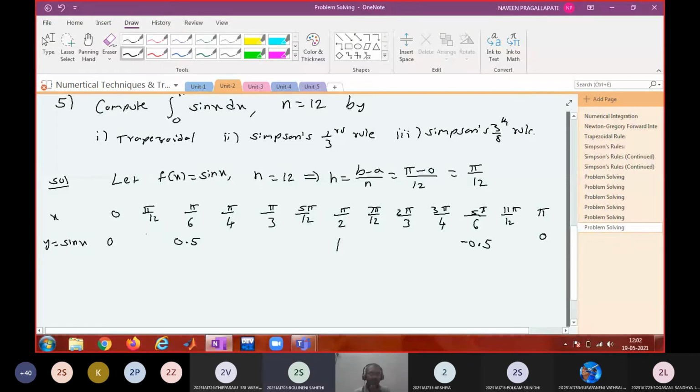Can you tell me the remaining values? Sine pi by 12, 0.2588, sir. Are you using pi in your calculator? Are you computing like this, sine of pi divided by 12? Yes, sir. Don't substitute any approximate value for pi. Use the pi symbol only.